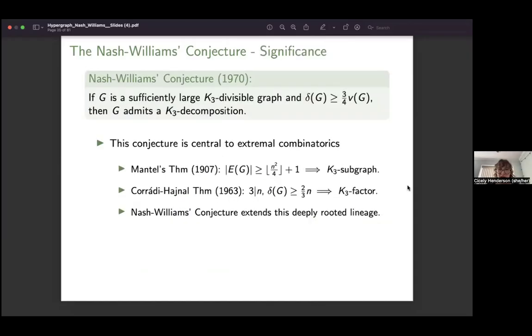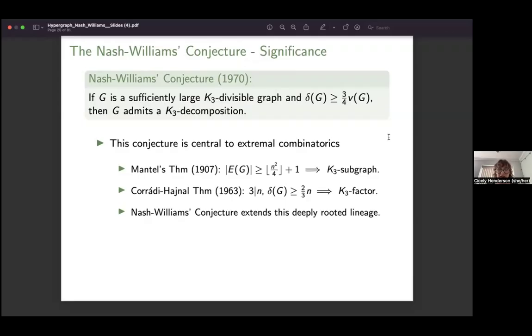Now, I want to take a few minutes and talk about the significance, or what I perceive as the significance, of this conjecture. First, I would argue that this conjecture really is central to extremal combinatorics. Recall, maybe from your introductory combinatorics class, there are some really heavy-hitting results here.